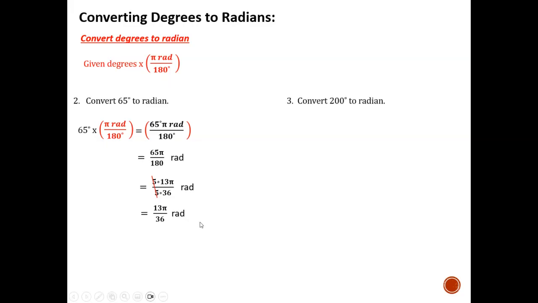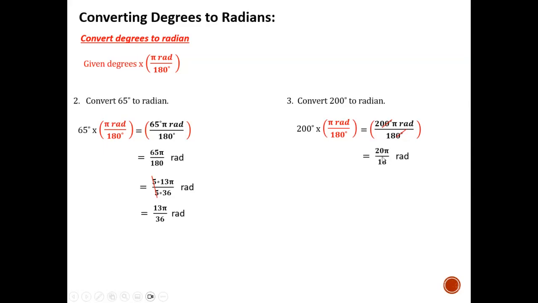Okay? Another example, if you want to convert degrees to radians, we have 200 degrees, convert to radians. Again, take the value, multiply by pi over 180. 200 times pi on top over 180. Now my degrees cancel out, degree over degree. We also have both of these end in 0, so we can divide both by 10, which is knocking out the 0.